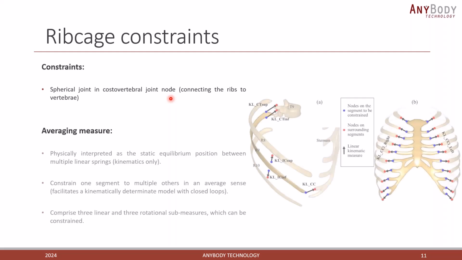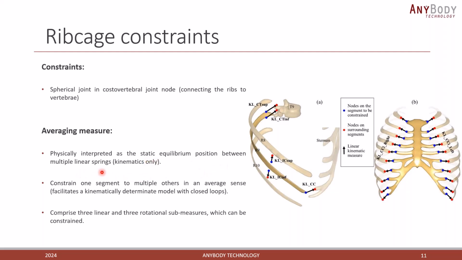This measure can be interpreted physically as the static equilibrium position between multiple layers of springs, and it's just for the kinematics.